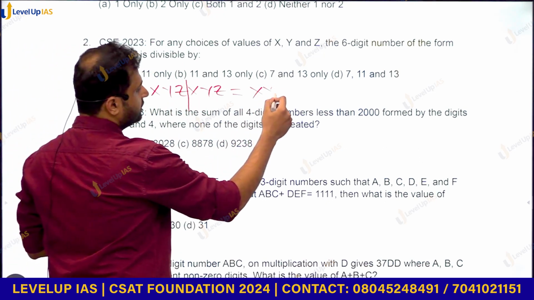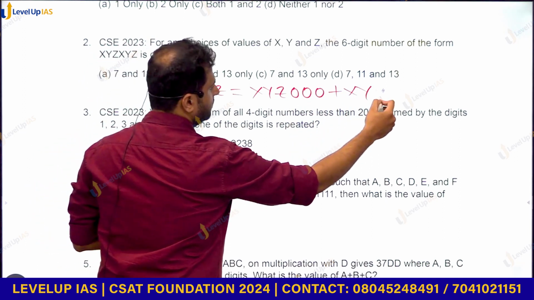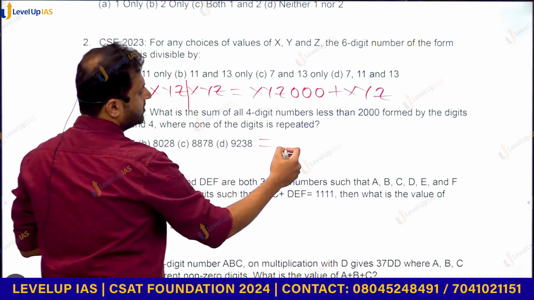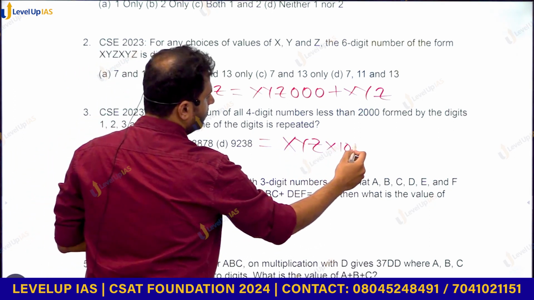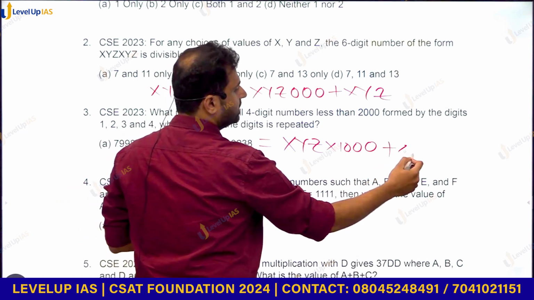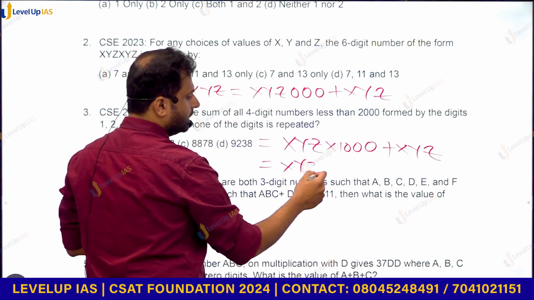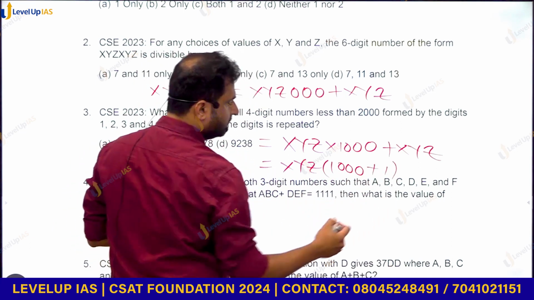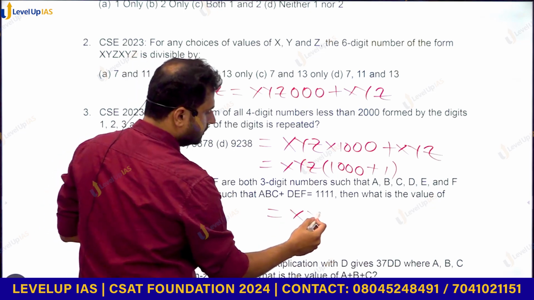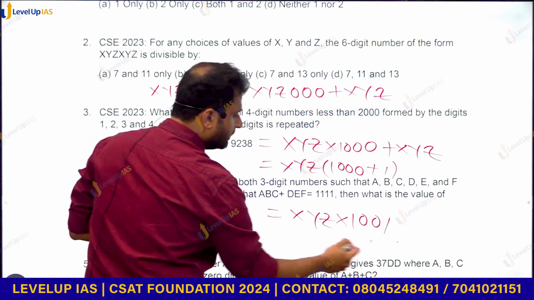So we can write xyz 000 plus xyz, which is the same as xyz into 1000 plus xyz. You can take xyz common, xyz into 1000 plus 1, which is equal to xyz into 1001.